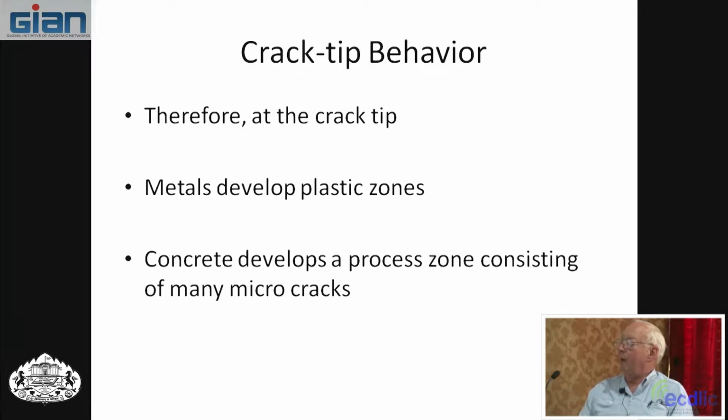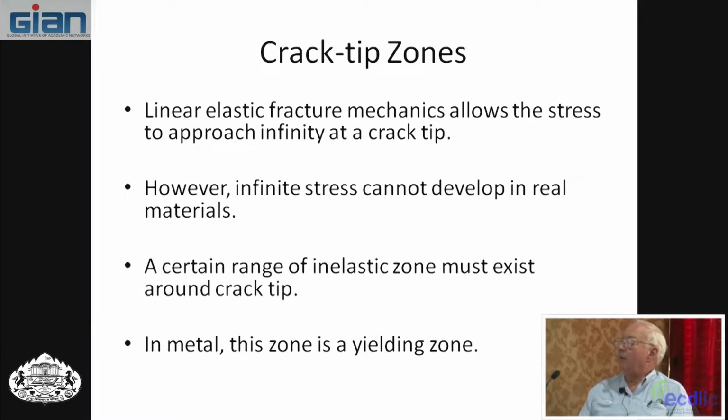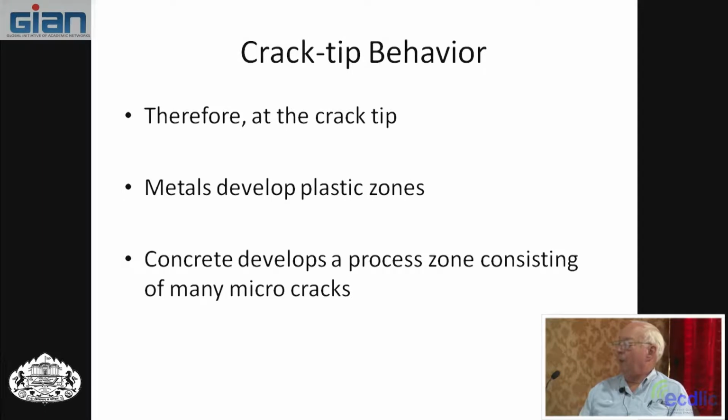So at the crack tip, metals develop plastic zones. In concrete though, this high stress near a crack tip develops what they call a process zone consisting of many microcracks. So instead of yielding, which concrete I guess doesn't do, you get a whole zone of microcracking around the crack tip.